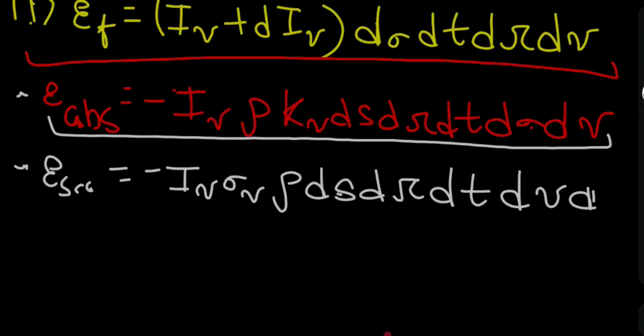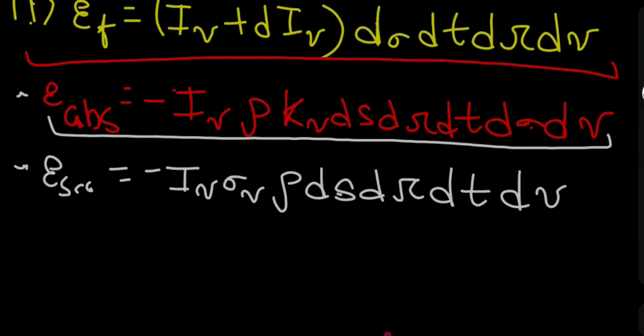So all are there. This is quite a lengthy expression, so don't be confused. This is I mu, the intensity of radiation, this is the scattering coefficient, this is rho, the density, this is the thickness, and this is per unit solid angle, per unit time, and per unit frequency. So this is absorption and this is scattering.